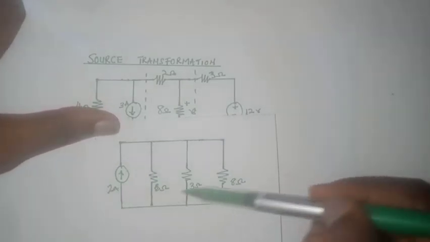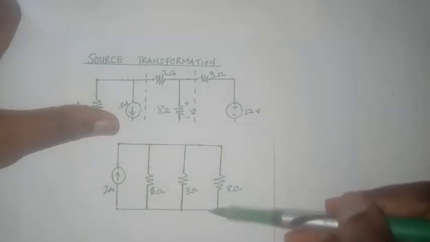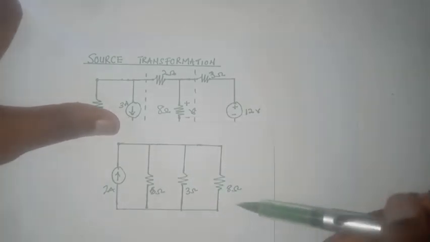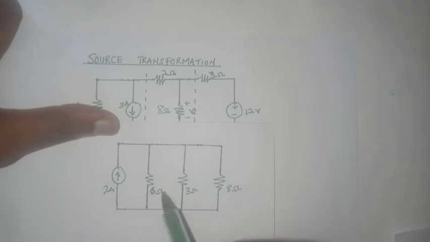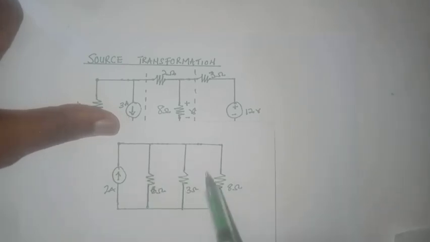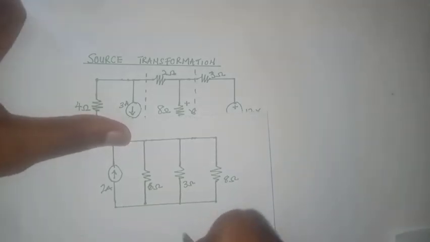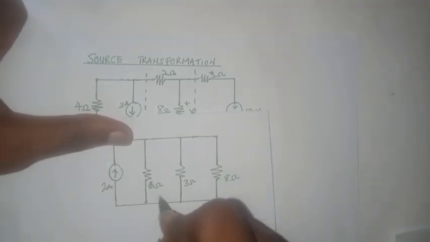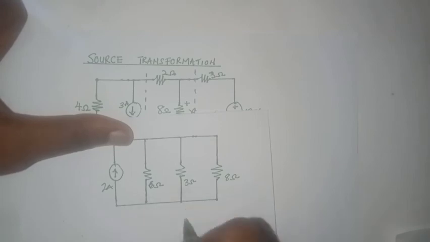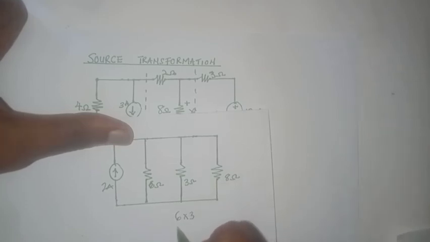Now, we have these 3 resistors in parallel, but since we are trying to find the voltage across the 8 ohm resistor, we're not going to be tampering with it, but we can combine these 2 resistors that are in parallel into an equivalent resistor, and with that we would have the value of the equivalent resistance to be 6 times 3 all over 6 plus 3.